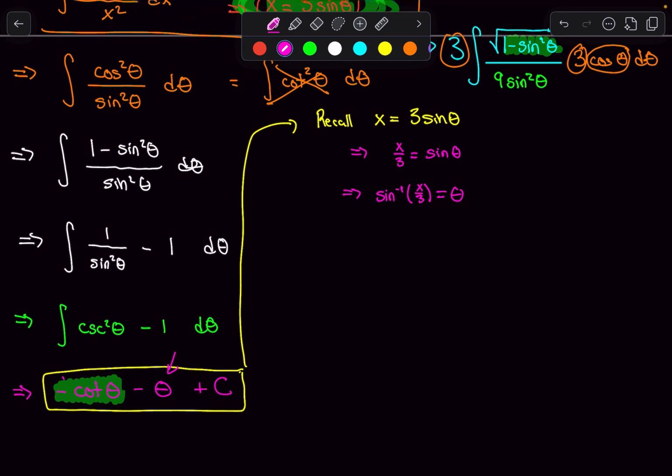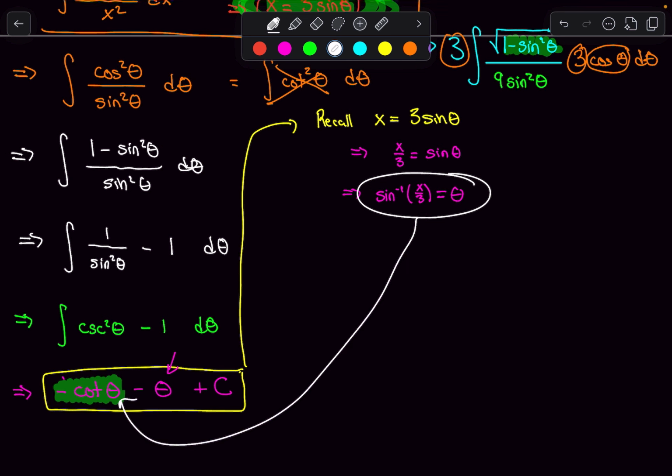Now, you could try to say, okay, well, if theta is equal to this, I'll just slam that in there and say that my final answer is going to be negative cotangent of the inverse sine of x over 3 minus, right, the inverse sine of x over 3, since that equals theta, plus c. Right, you could try and say this.